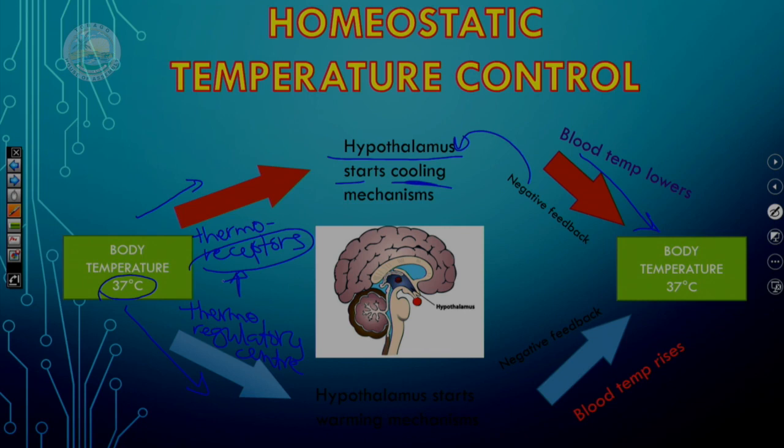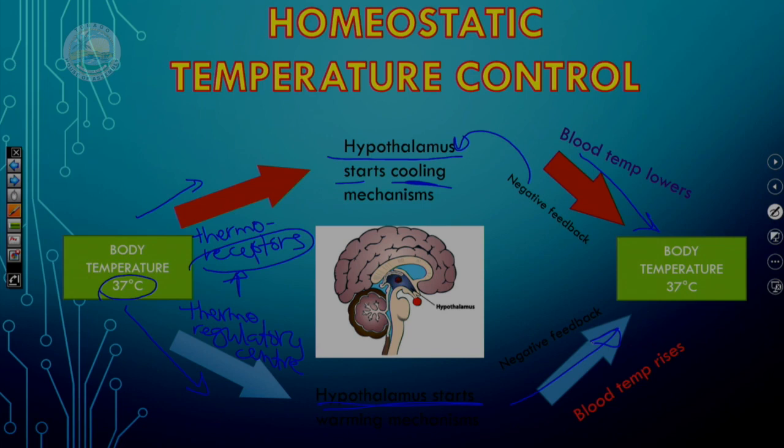They are going to detect that drop in temperature, and the hypothalamus is going to again start warming up mechanisms, which is going to increase your temperature back to 37 degrees Celsius.